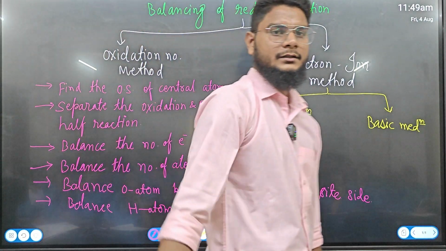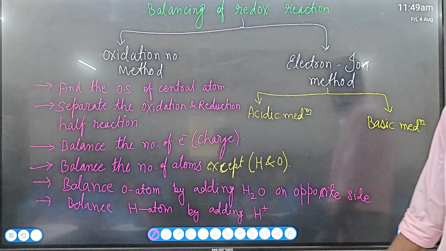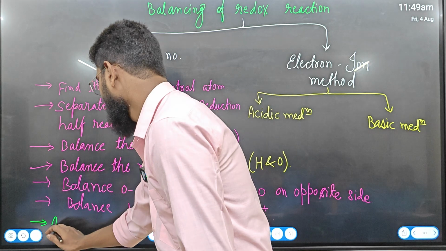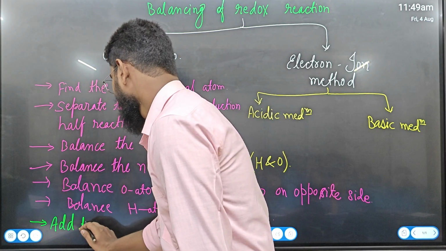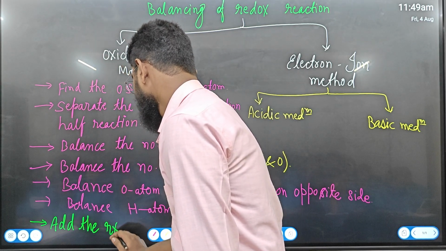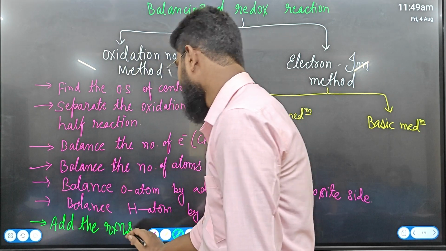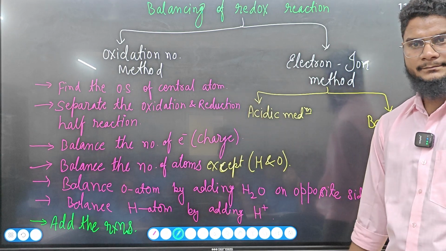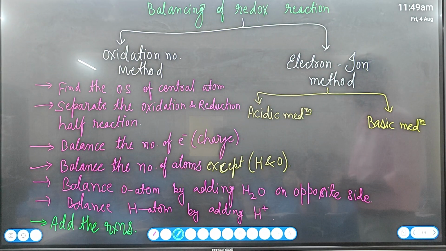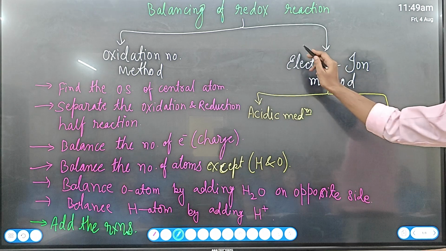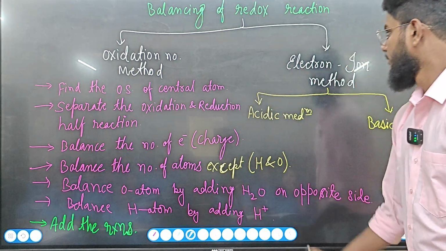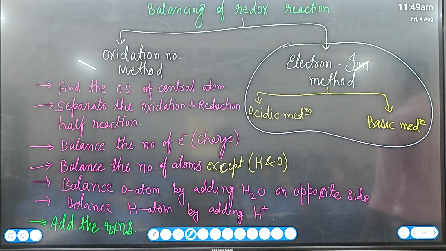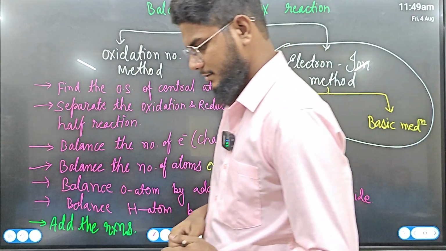These are your steps, and at the end you add the reactions, your half reactions. These are the steps you have to follow. Write down this. This method we will learn tomorrow. Write down the methods first.